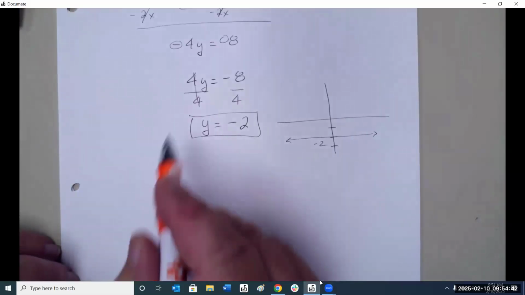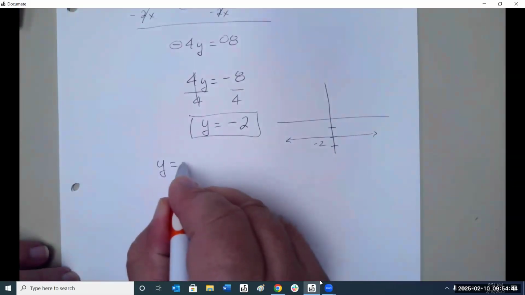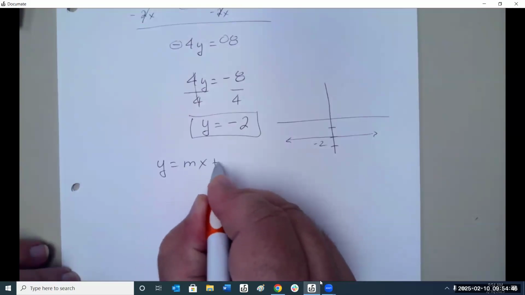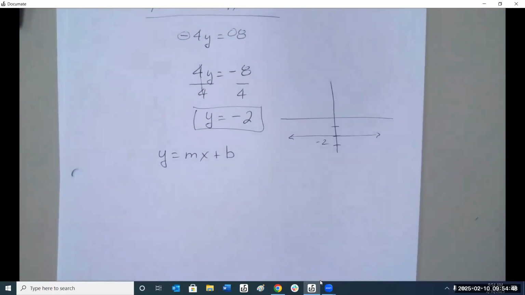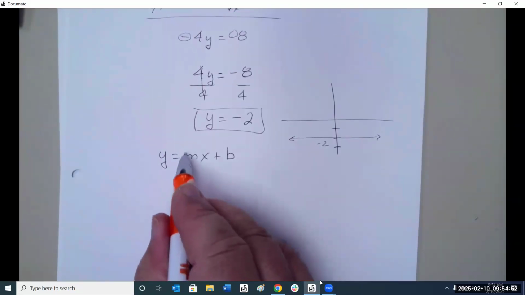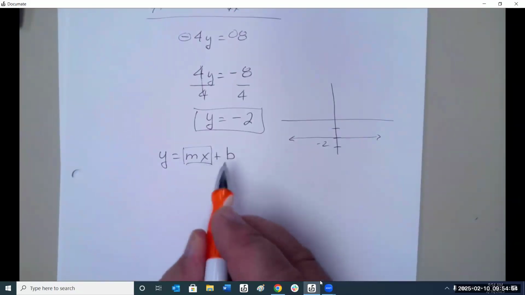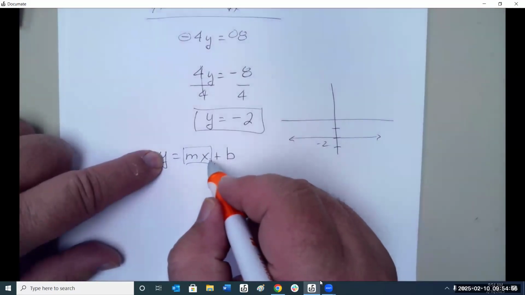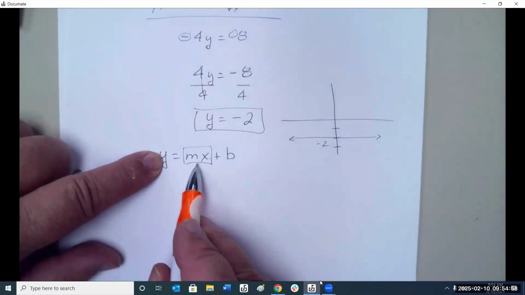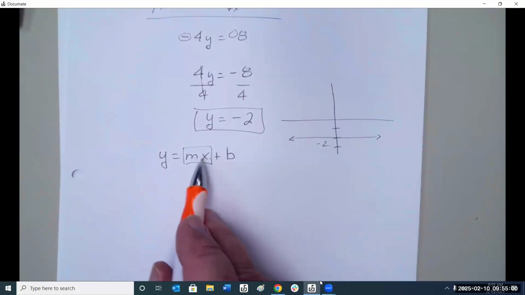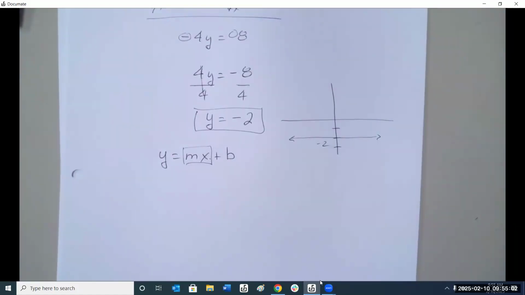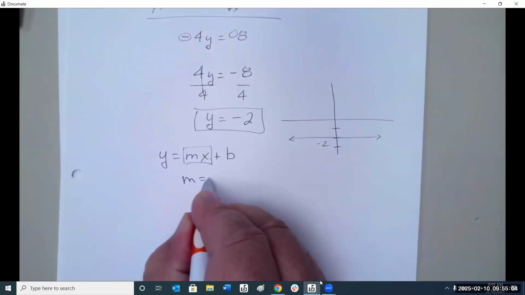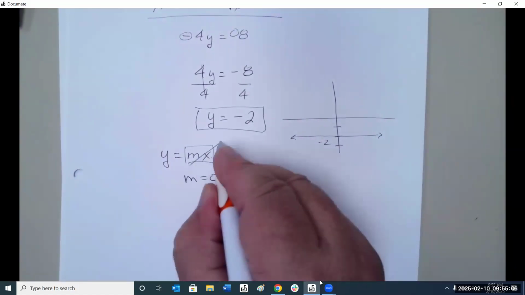Very good. Remember, the equation looks like this. That's the equation of a line. Because x and y have to stay there, how do I get rid of this number? What does m have to be to get rid of it? Yeah, if m equals 0, then that disappears.